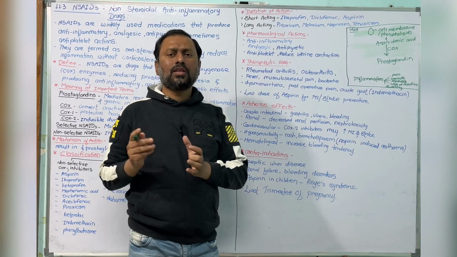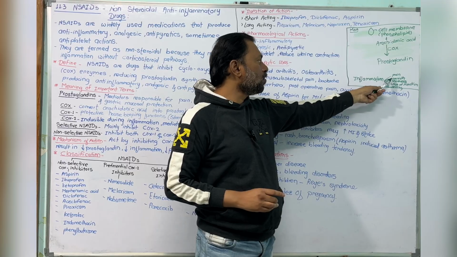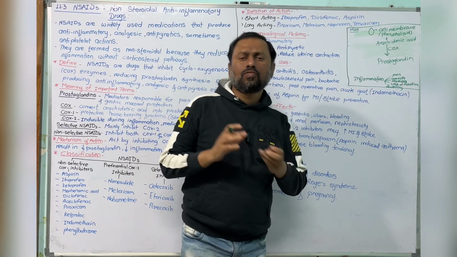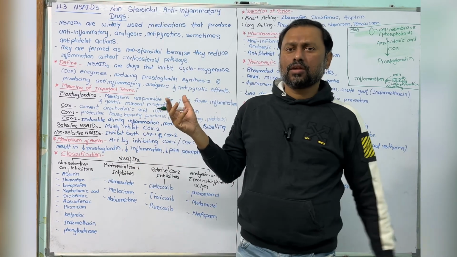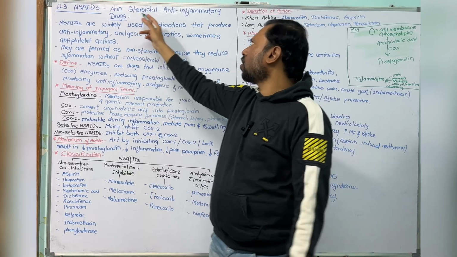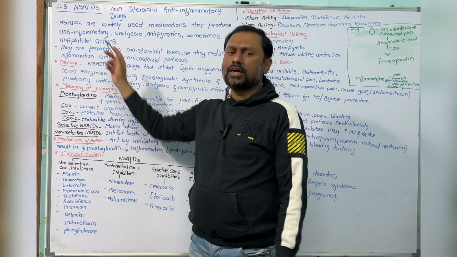Whenever a person is suffering from pain, fever, heat, redness, loss of function, or swelling, we use drugs to reduce the pain and reduce the heat or temperature. We use non-steroidal anti-inflammatory drugs, called NSAIDs.